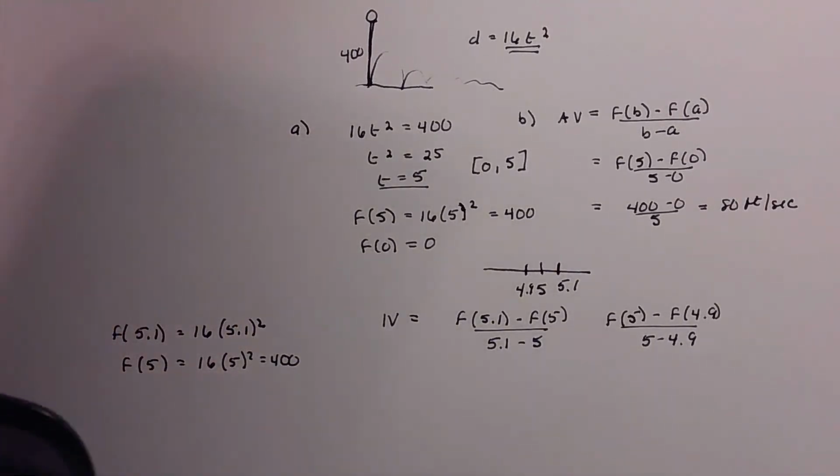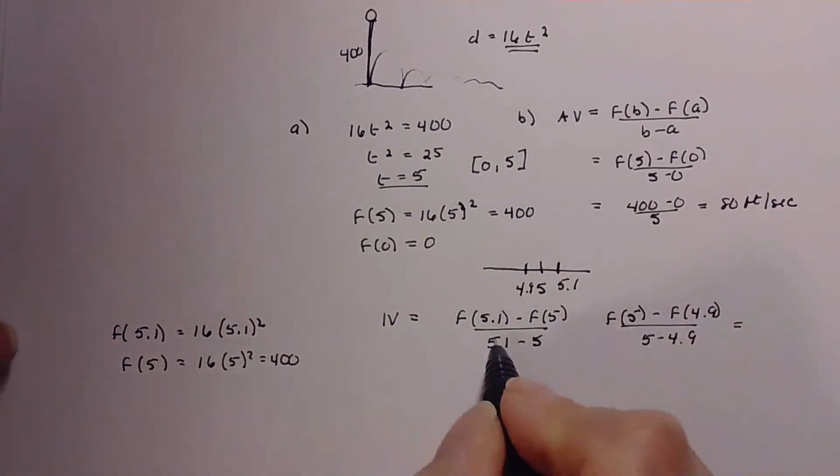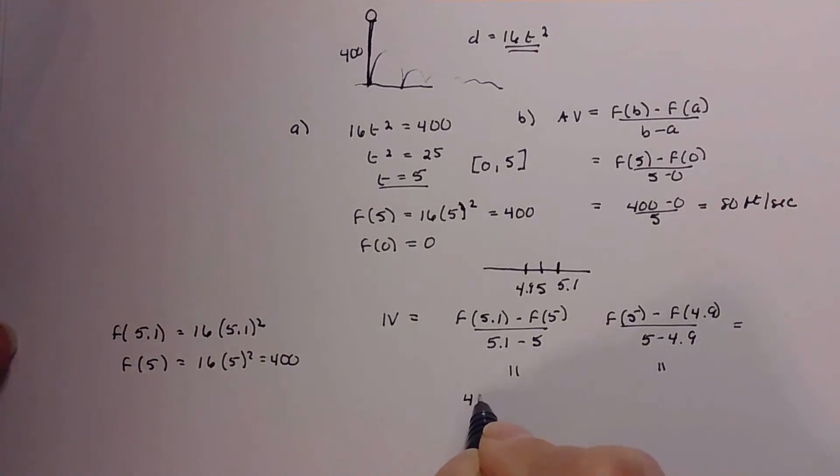So if I do 16 times 5.1 squared, I'm going to get 416.16. So for this one here, this is 416.16 minus 400 over 0.1.